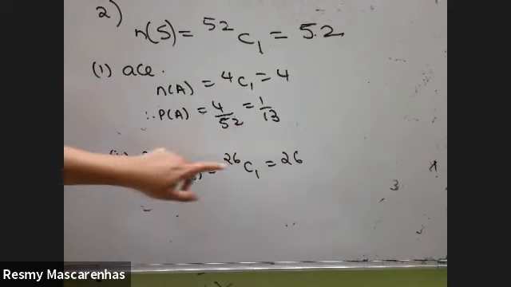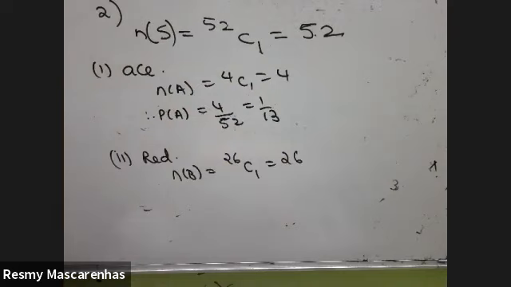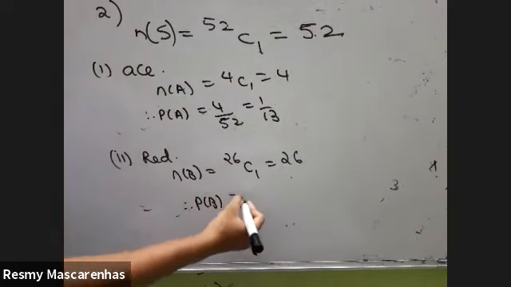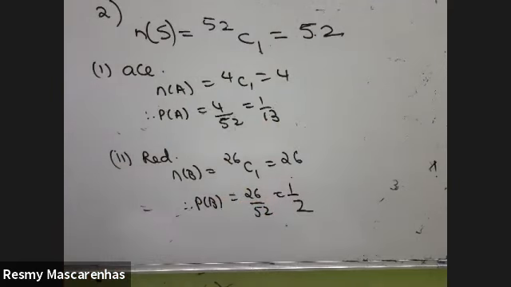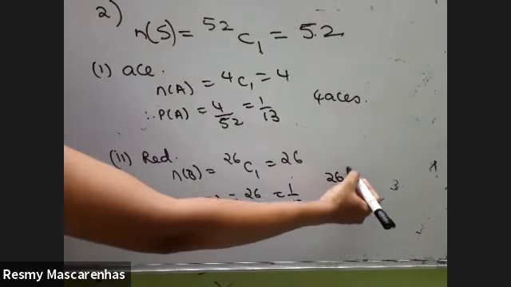But now since this is 1 only, straight away it becomes 26. P(B) will be favourable outcomes divided by the sample space. 1 by 2. You can write it aside and keep. Why? Because there were 4 aces. This is 26 red cards.